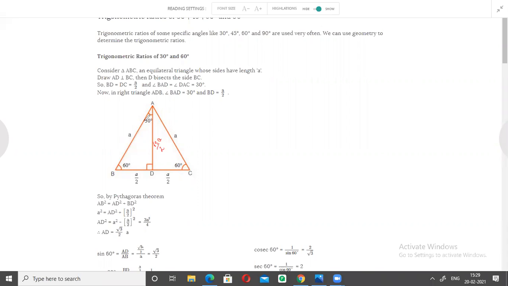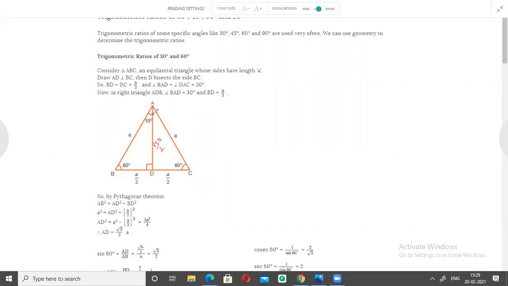Now from this right triangle, we will be able to write the values. Now what will be the values? Sine 60 degree is equal to opposite side divided by hypotenuse. So root 3 by 2 A divided by A, which is root 3 by 2 itself.